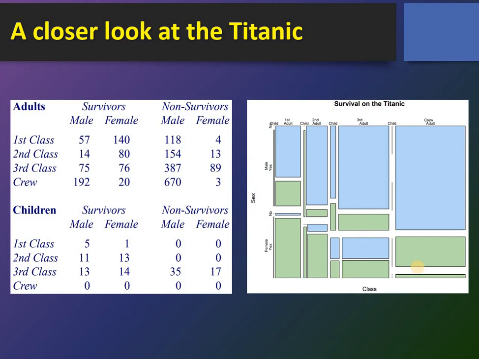You see what I'm talking about? First, we grouped by class, crew adult, third adult. You can see there. And then inside it, I took the children to the left and the adult here. And I can see that that line goes all the way through. So my first distribution breakdown was based off of what we're talking about here, which is class. And then within that, I broke it down by child and adult.